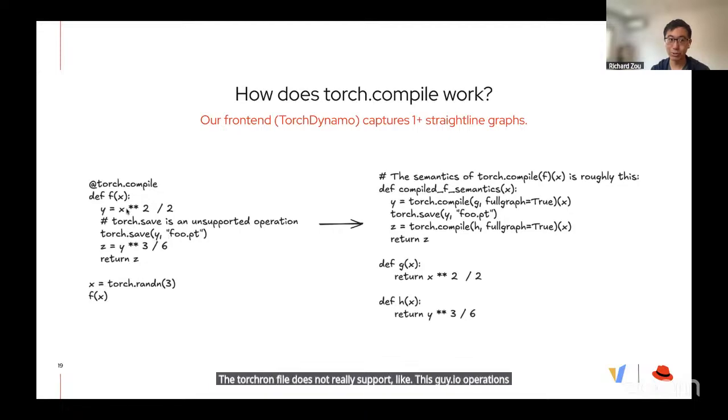So what it'll do is capture one graph for your first tensor operations, run the torch.save, then capture a second graph for your non-disk IO tensor ops, and then return from there. So effectively, it's capturing two graphs here, and it's running the save in the middle.